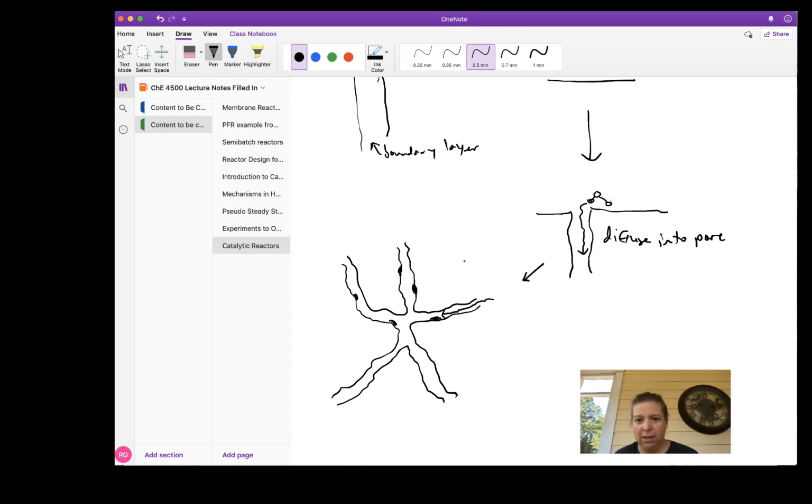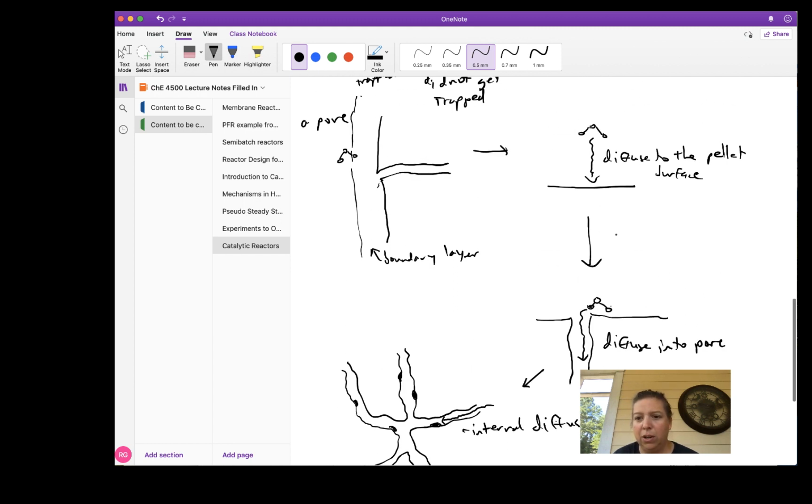So we call this internal diffusion. And we call this external diffusion.